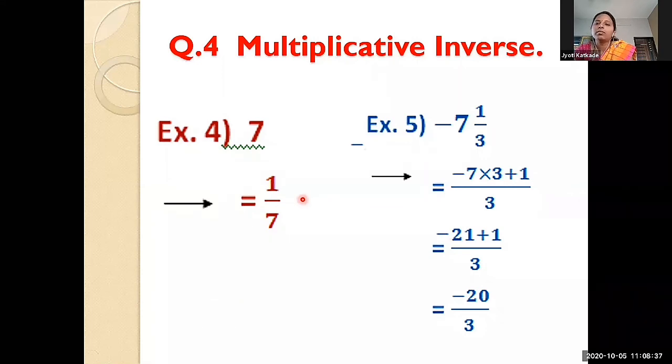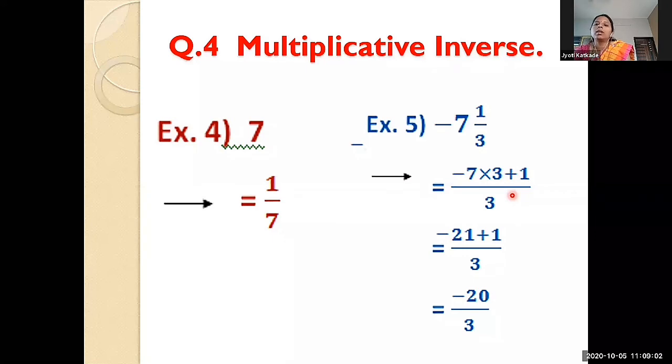Okay. Then the fifth example, which is given in the form of a mixed fraction, -7 1/3. We convert it into an improper fraction. -7 into 3 plus 1, divided by 3.